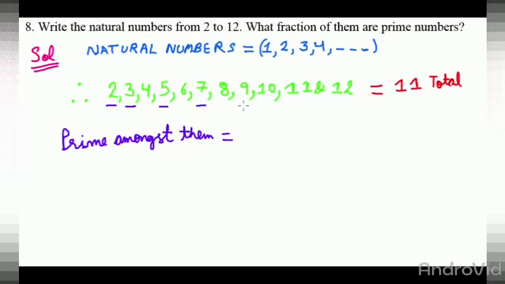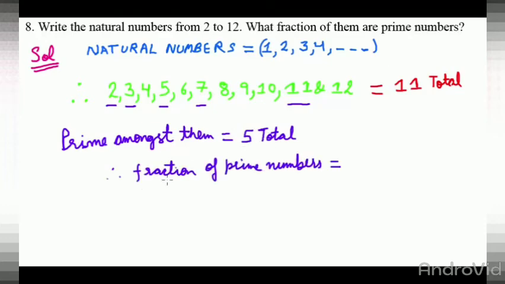Prime numbers are those numbers which are divisible by 1 and themselves only. Therefore, 11 is the last one. So we have total 5 in number. So fraction of prime numbers would be prime over total numbers. That is 5 over 11. That's what we have done. So this is your answer.